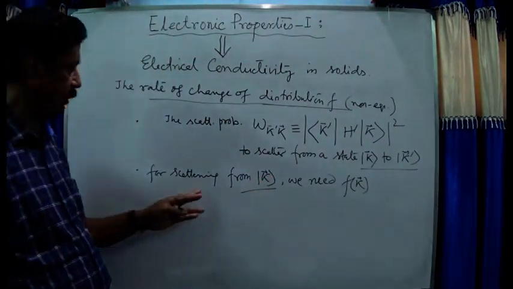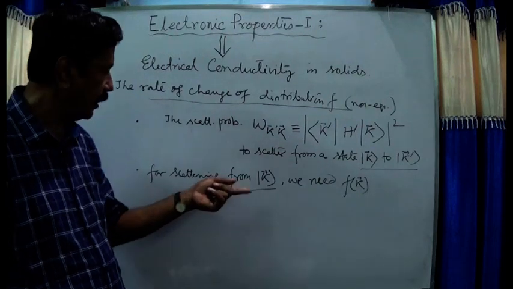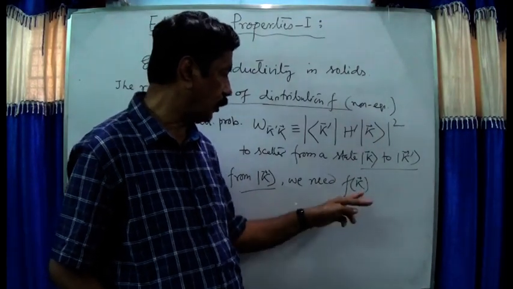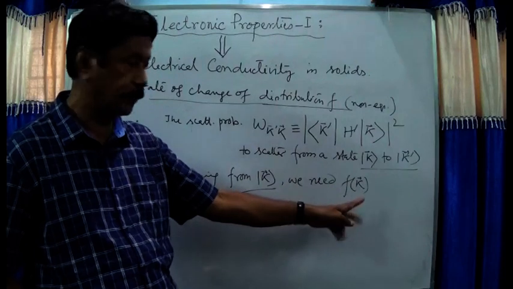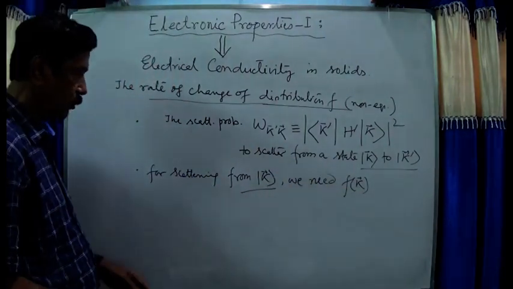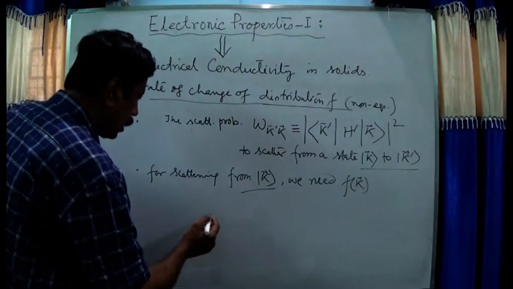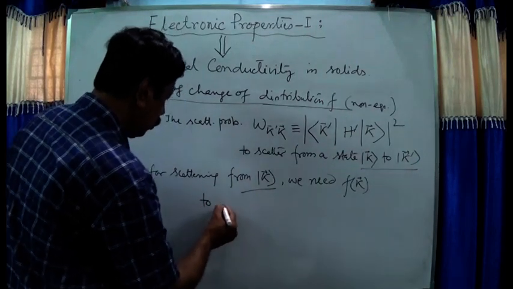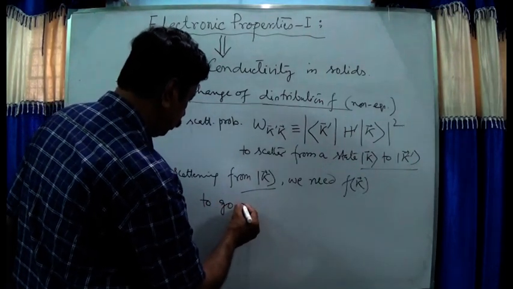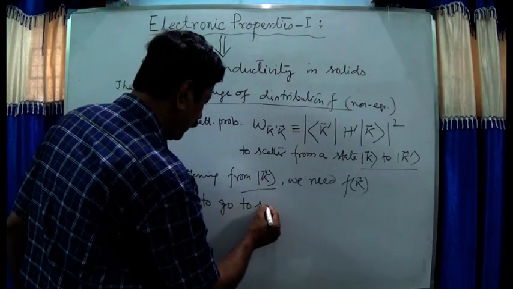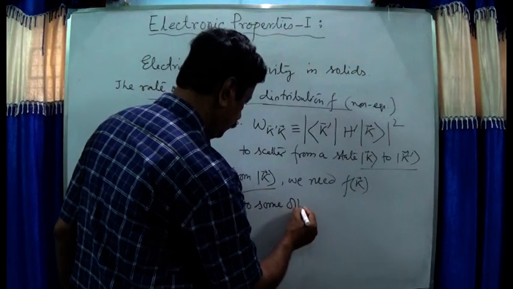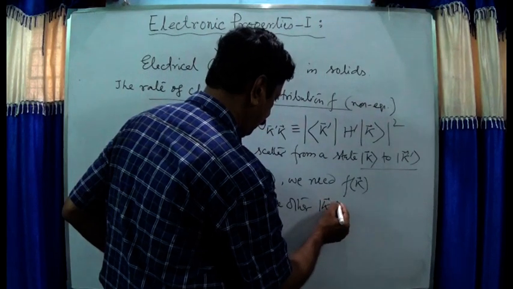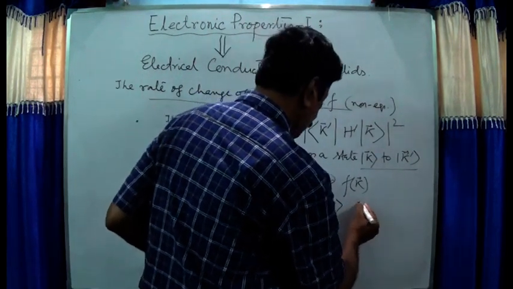So if the scattering starts from a state k, we need the fraction or the distribution of the electron in that state. So this f is necessary to start scattering, and to go to some other configuration, say k prime, we need f k prime.